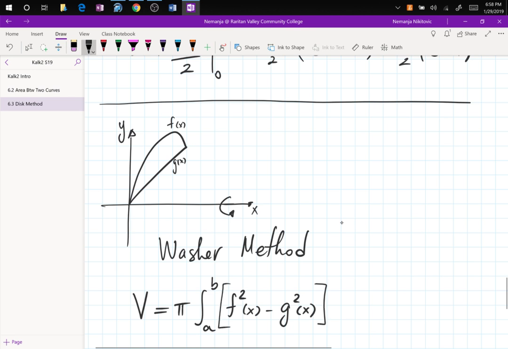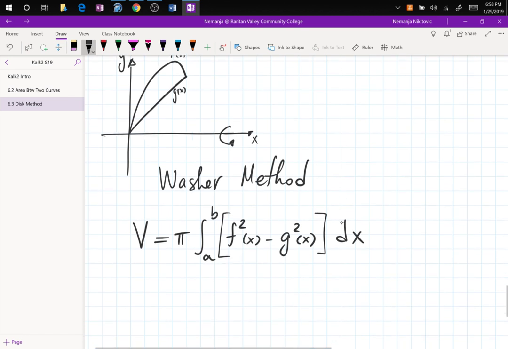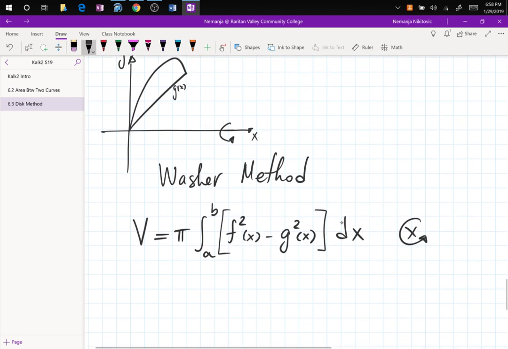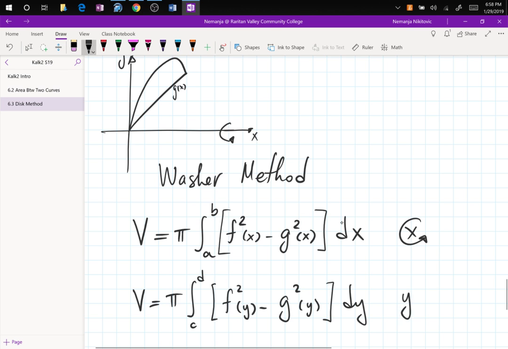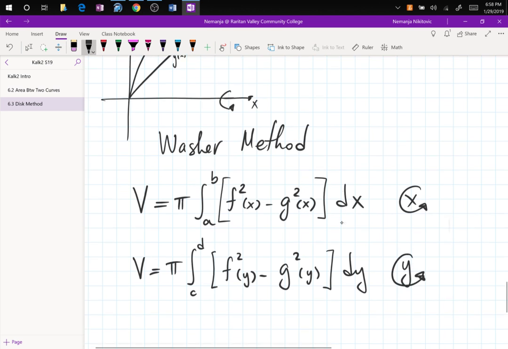So you square each function and then you subtract them, dx. That's the x rotation. And another one for y rotation, from c to d, of f squared of y minus g squared of y, dy.